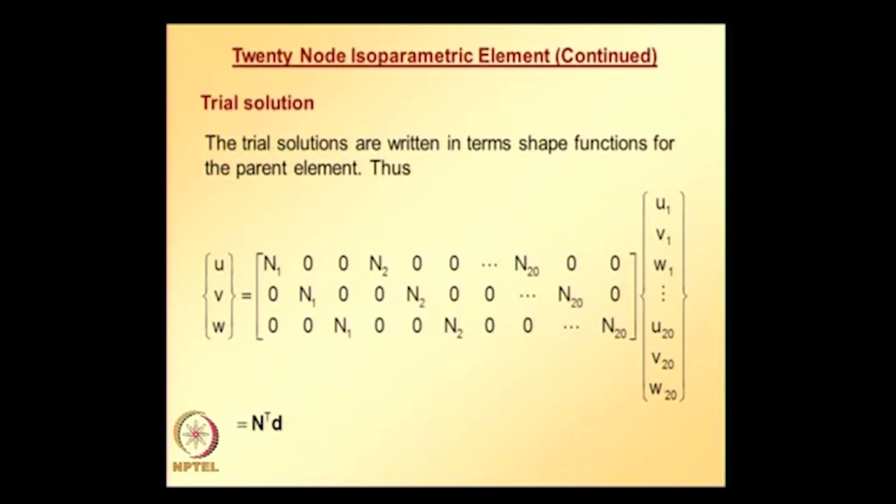The shape functions for the parent element can be obtained using similar procedures to those we adopted for obtaining shape functions for the 8 node serendipity element for 2 dimensional problems. So, here the expressions are given directly.